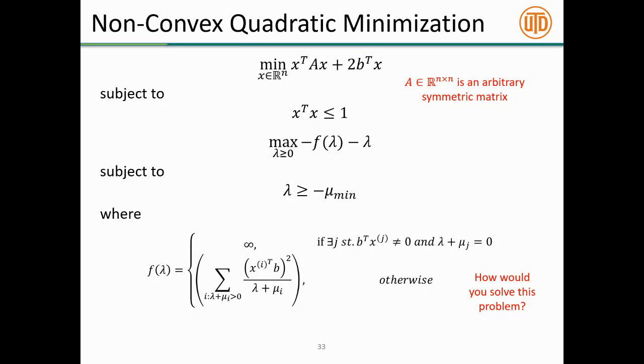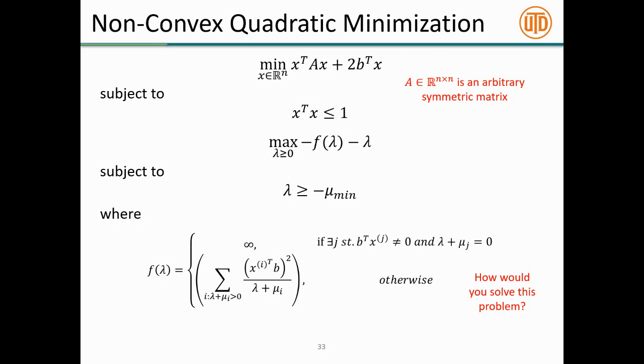Just like we would do line search, because we're effectively just trying to find a place where the derivative is equal to 0 and the constraints are satisfied. Basically, the solution will be either lambda equal to 0, lambda equal to minus mu min, or some place where the derivative is equal to 0.